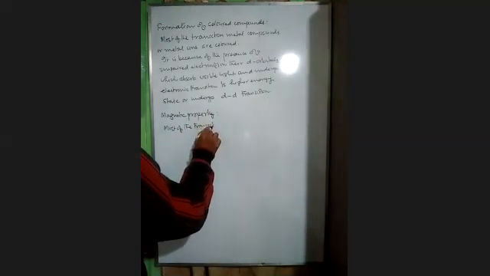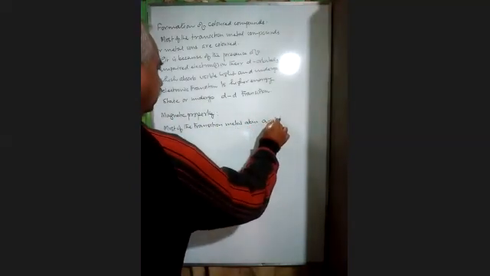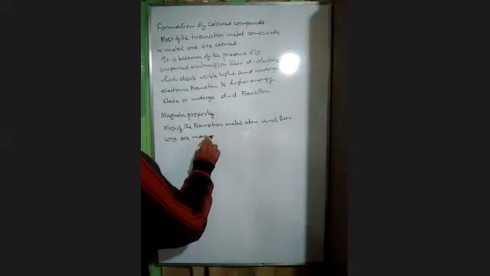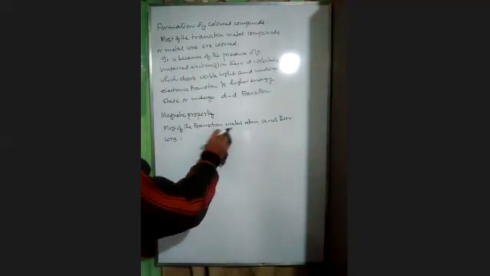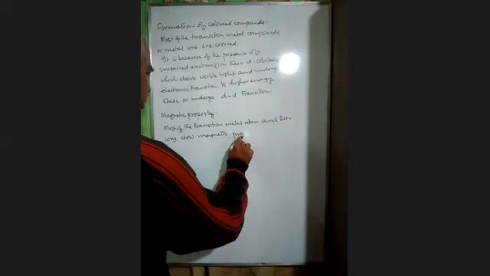Most of the transition metal atoms and their ions are magnetic. So, magnetic properties.